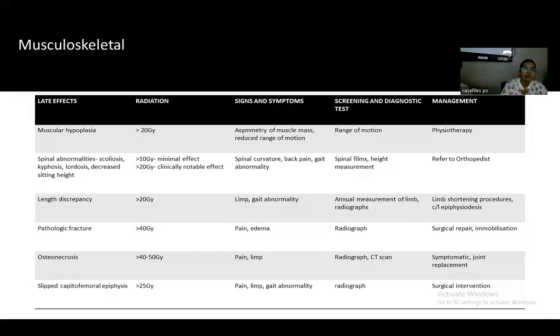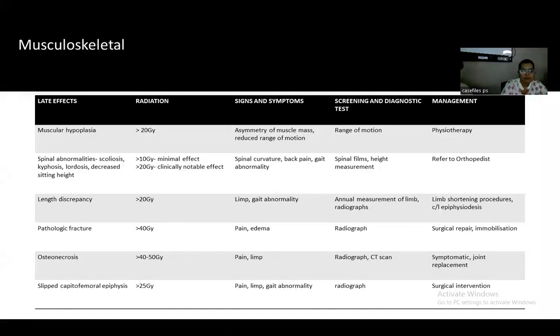Accordingly, we refer them to the orthopedist, and the particular diseases are managed accordingly, like for scoliosis and kyphosis, we do surgeries. Braces and different techniques can be used. For length discrepancies, like limb and gait abnormalities, we can consider limb shortening procedures.